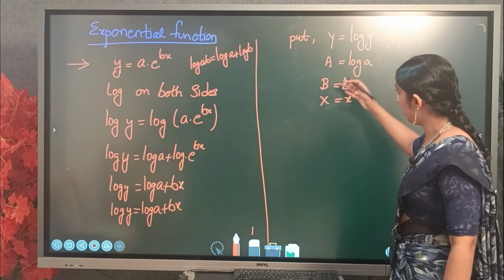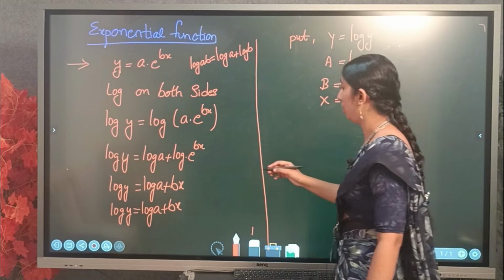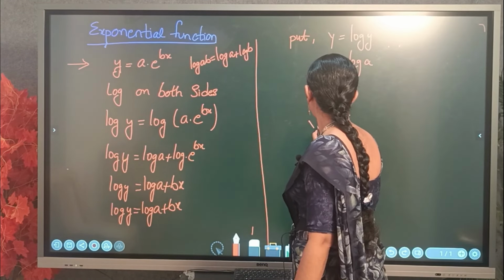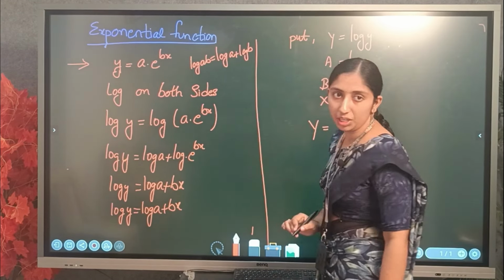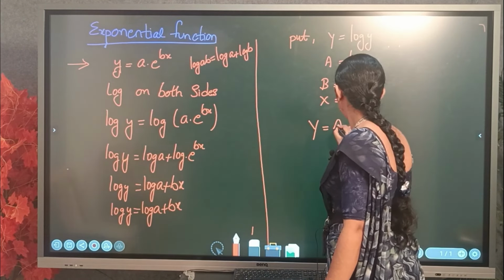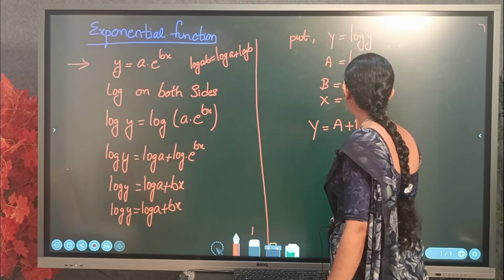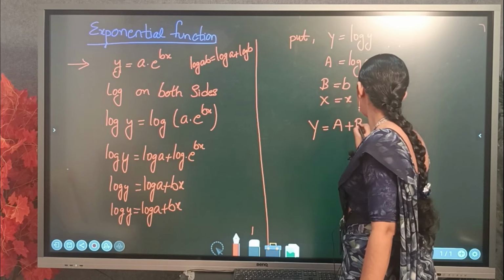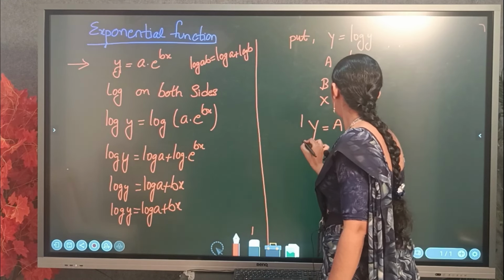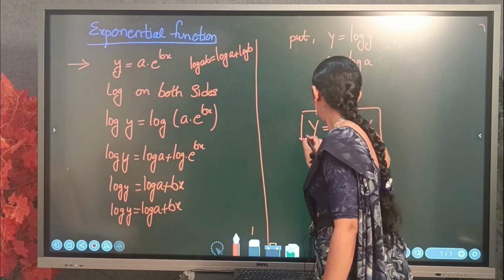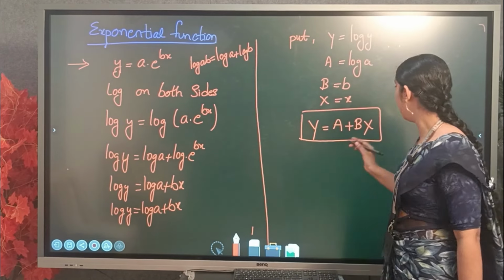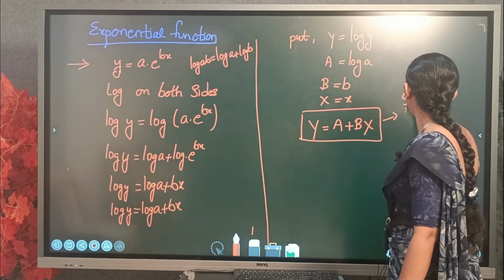When we substitute these four in that equation, log y becomes capital Y, log a becomes capital A, small b becomes capital B, and small x we equate to capital X. So Y is equal to A plus BX. What is this? It's a straight line.